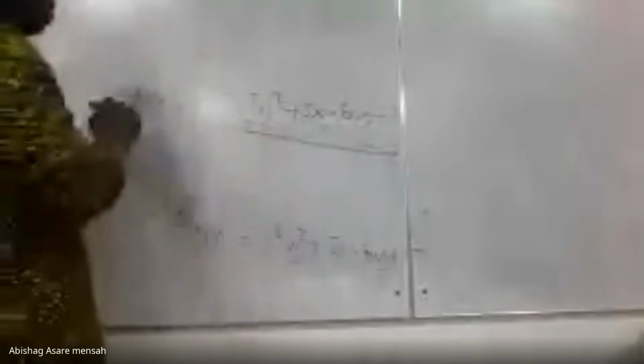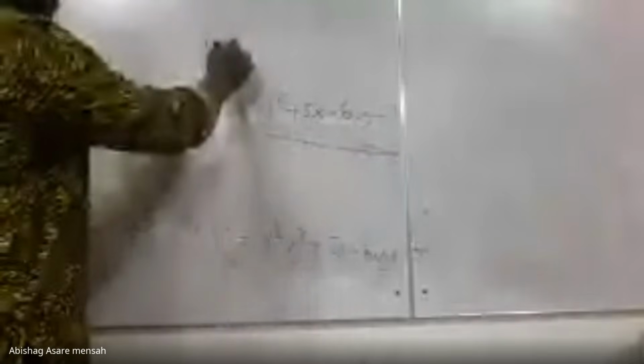You have to work it. Richard, do you have to work it? No, sir. So how do you find the points here? This is a polynomial. So all real numbers, right?